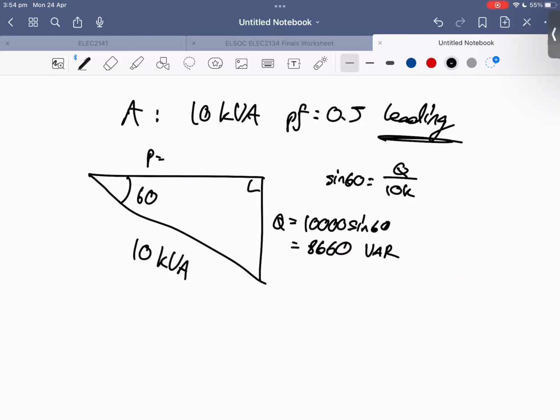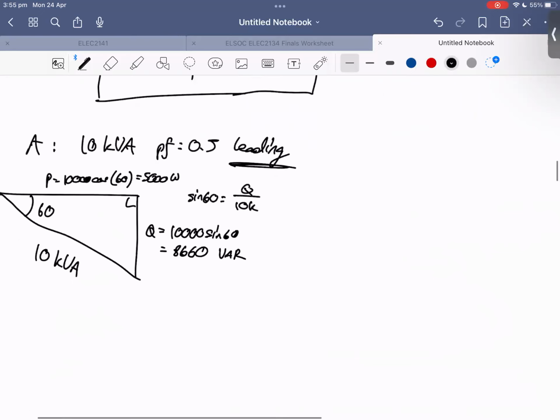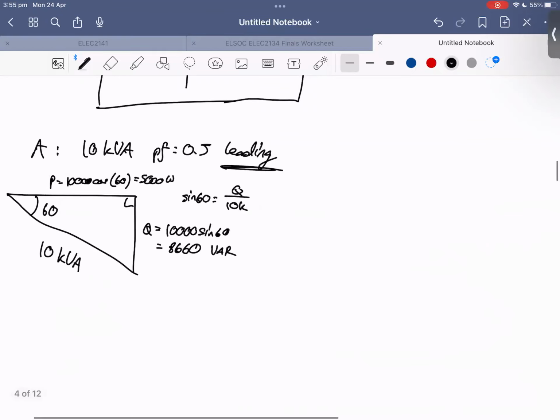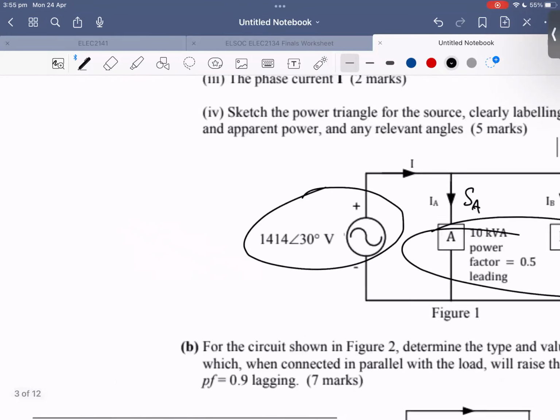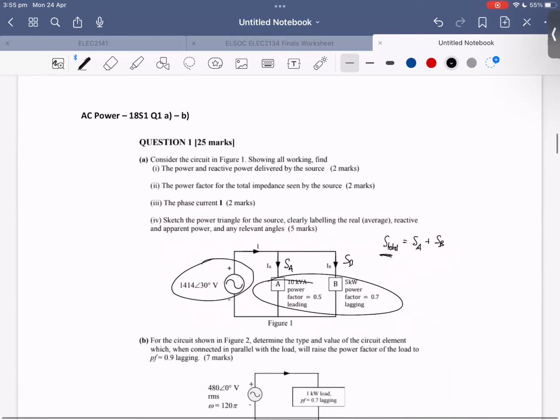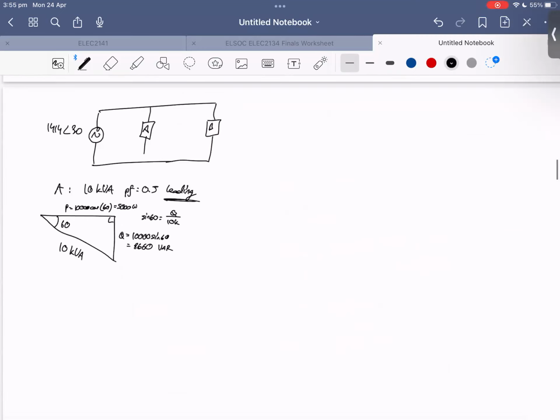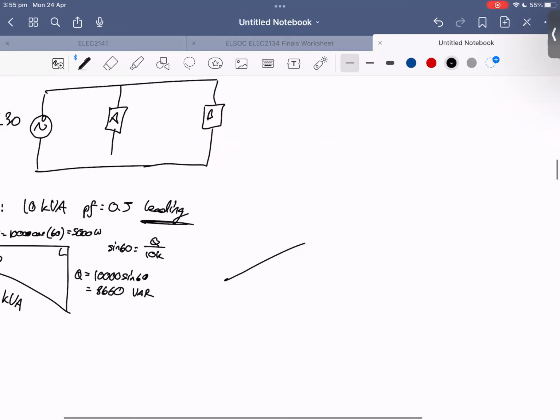And then P is a similar thing: 10,000 cos 60, which should just be a half. So 5,000, and that's in watts. Then the next power triangle, I think, is 5 kilowatts lagging. So that means positive power angle. So we've got this.